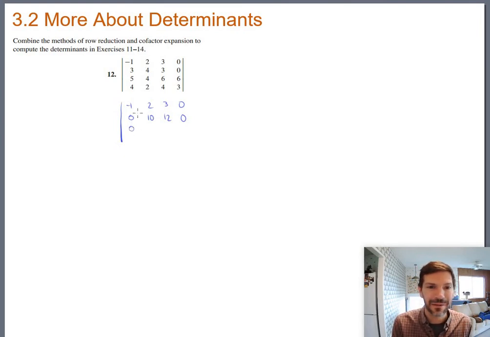That'll make 0, 10 and 4 is 14, 15 and 6 is 21, and 0 and 6 is 6. And finally I need to add 4 of row 1 to row 4. So that'll be 0, 8 and 2 is 10. Was I doing 4? So 12, 16, and 0 and 3 is 3.